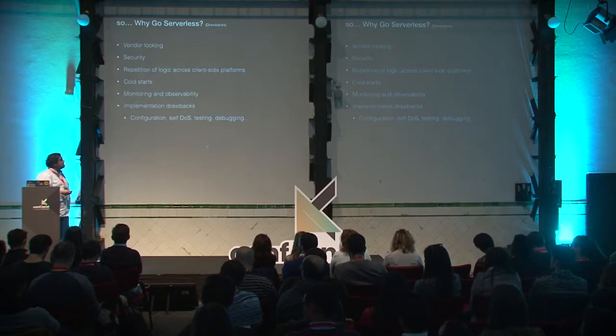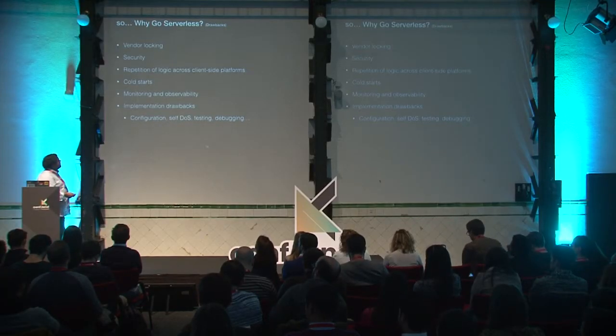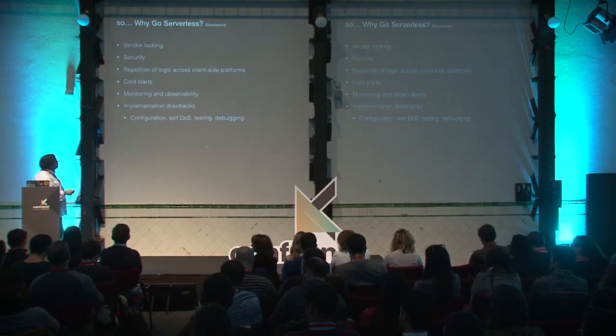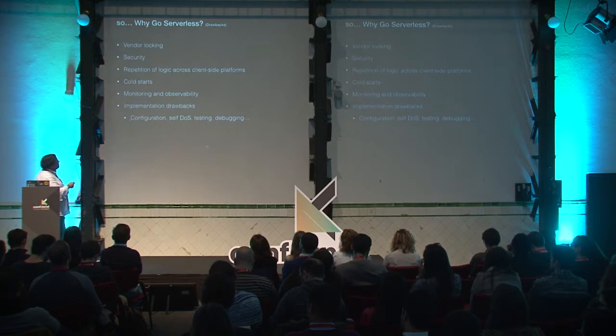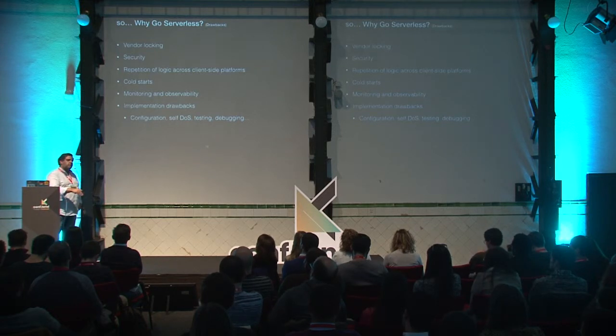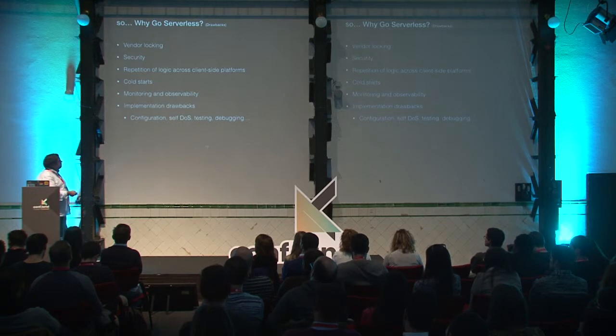Regarding the implementation drawbacks, vendors didn't have that many options configuration-wise. So if you wanted to configure a function as a service, you didn't have that many options to optimize it. They have been working really hard on this.